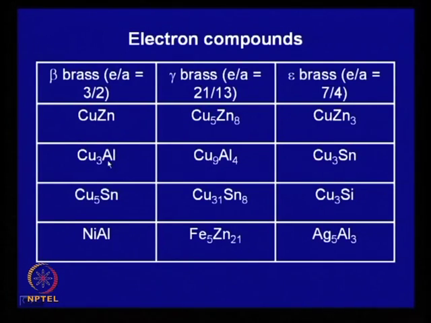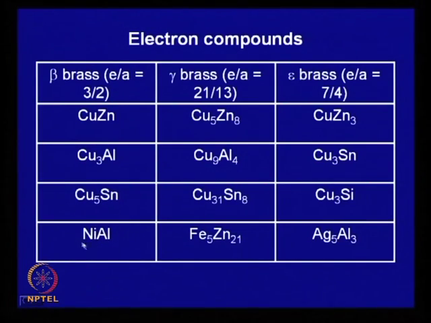So 6 by 4 comes out to be 3 by 2. You can do a similar calculation for the other cases, and here also the electron to atom ratio will be 3 by 2.